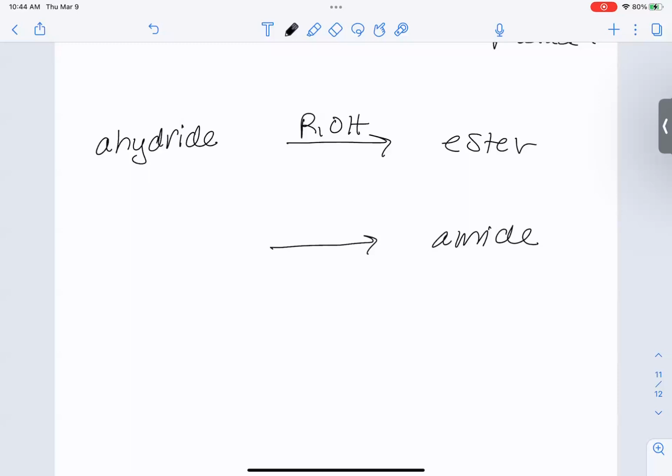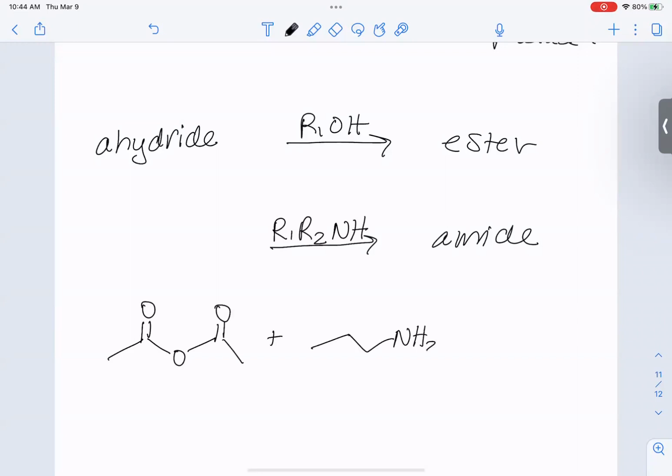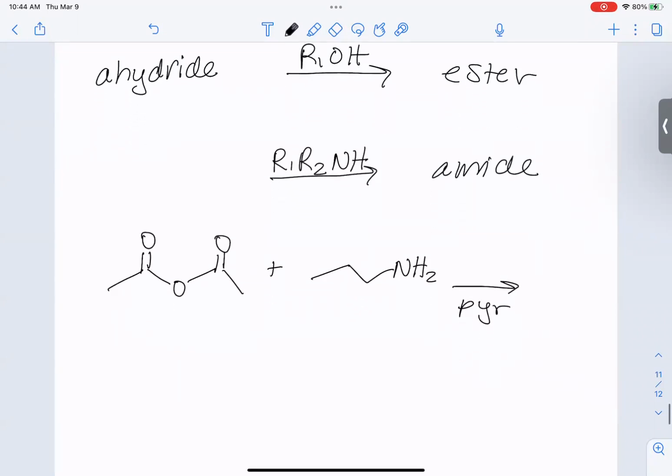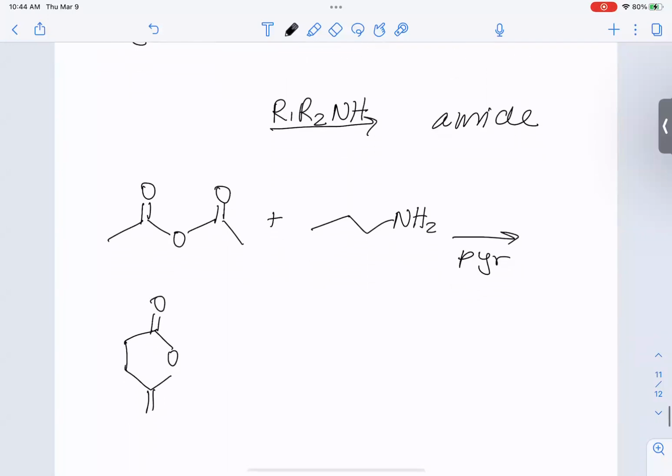To convert an anhydride into an amide, you use an amine. Draw the product for that reaction, and that reaction.